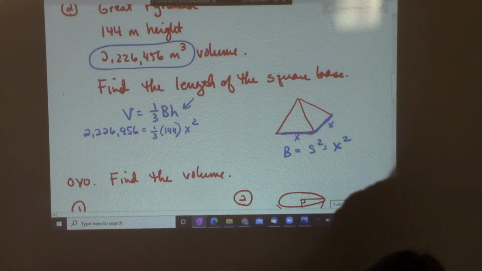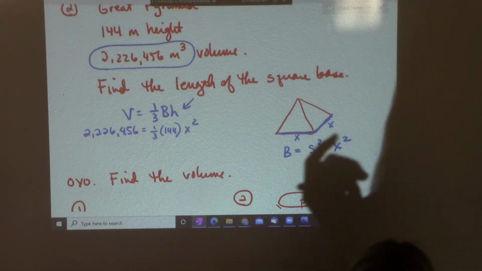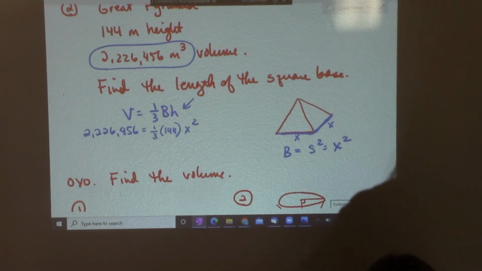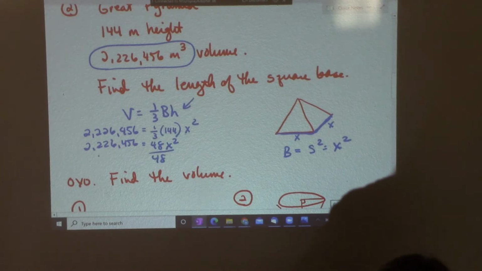So now I'm going to try to solve for x squared. I want to move all the numbers away. So the first thing I do is divide 144 by 3, and I get 48. Now I'm going to divide both sides by 48, and I get 46,384, and that equals x squared.